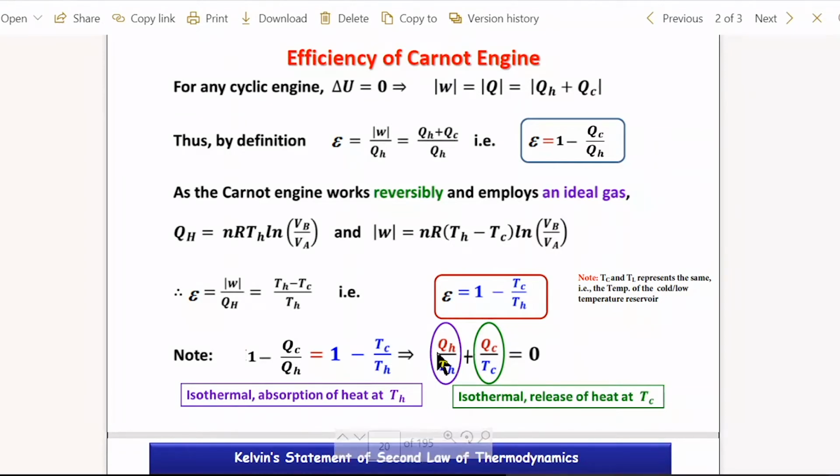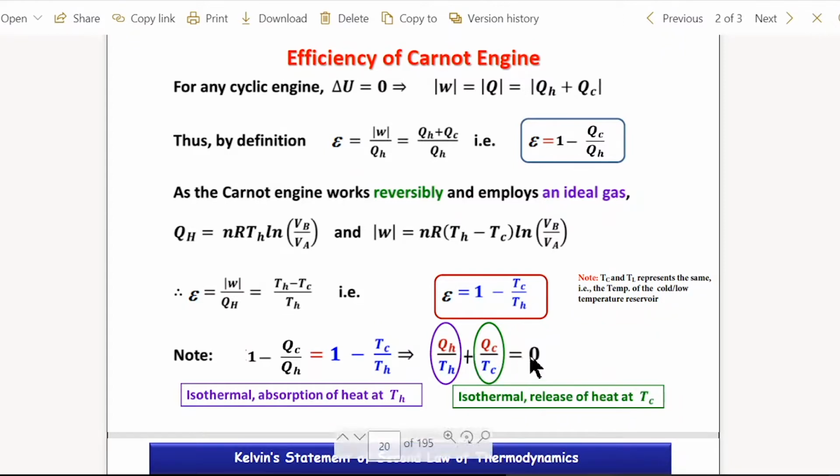Path variable means it should depend on the path, but here we have generated something in spite of the fact that the temperatures are different for each of the steps and the amount of heat absorbed is different. The summation of Q by T at one temperature plus Q by T at another temperature are equal, and if they are equal, that means this will be equal to 0.